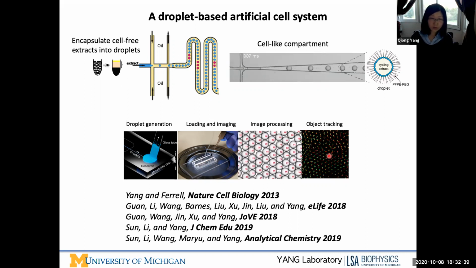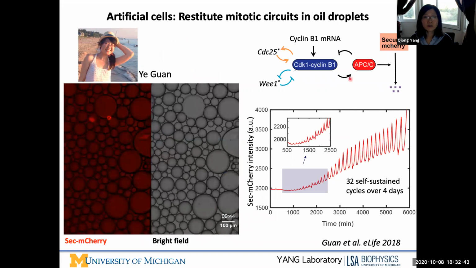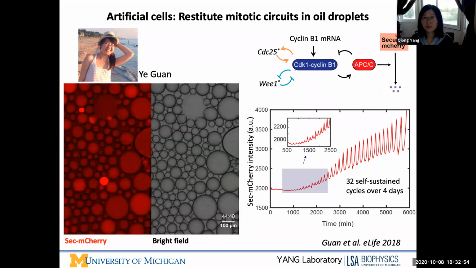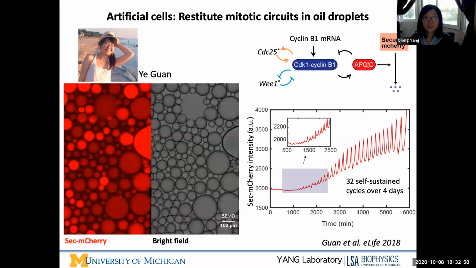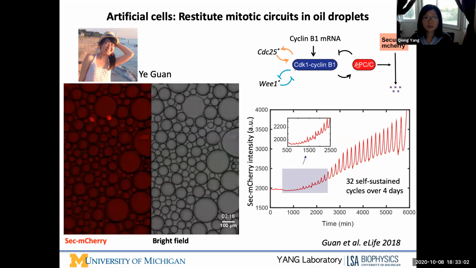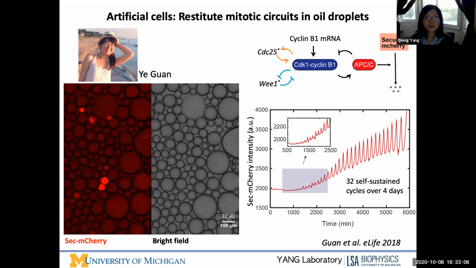With this setup, we go ahead and reconstitute the cell cycle circuit. In addition, we also need to reconstitute a reporter to allow us to measure this dynamic behavior. In this case, we have securin, which is a substrate of the anaphase promoting complex, one of the clock regulators.